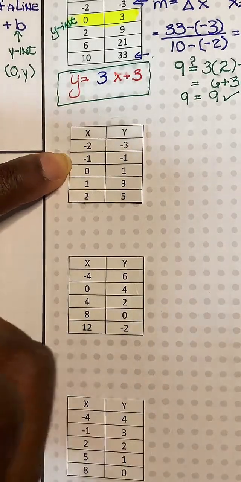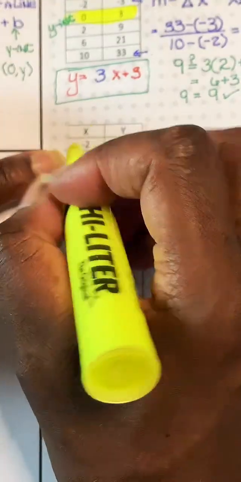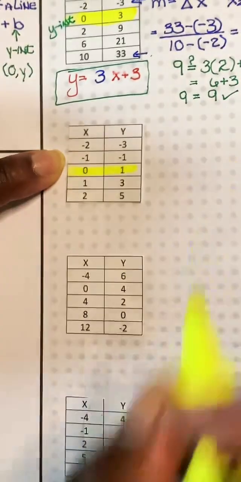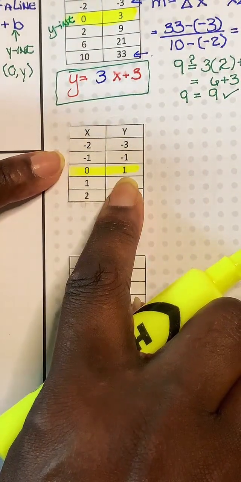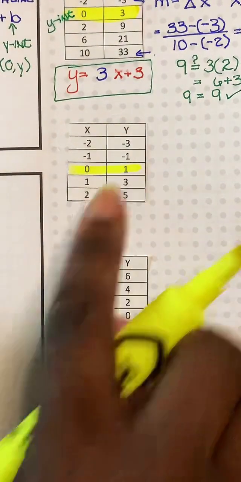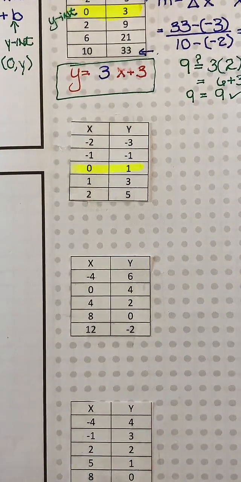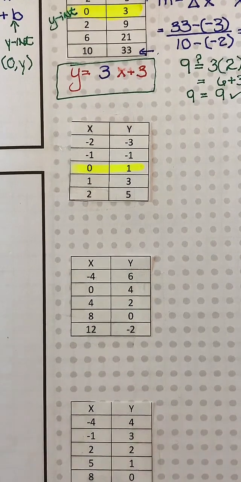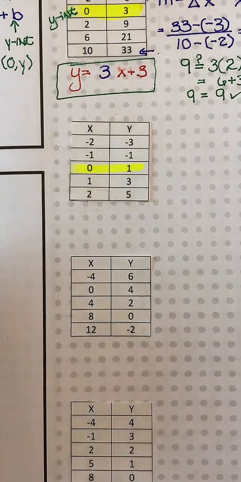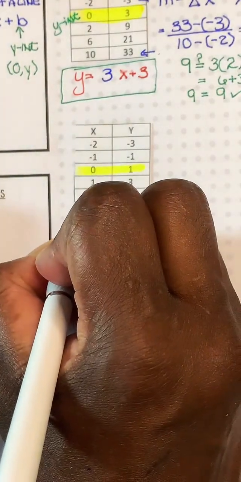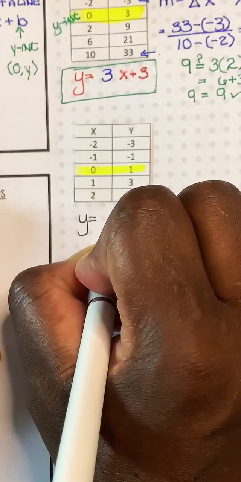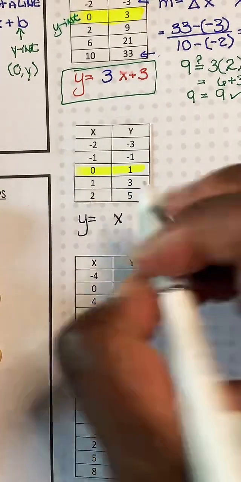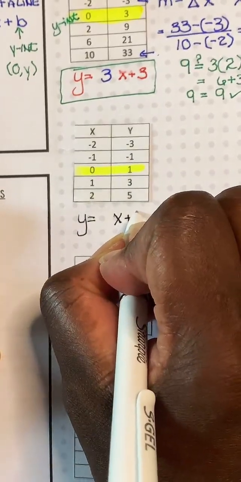Okay, so my b, or my y-intercept, is going to be 1. Just these little tidbits can save you a lot of time and a lot of energy. So right away, I'm going to say my equation is going to be y equals, give some space for the slope, x, and since it's a positive 1, my b is going to be plus 1.